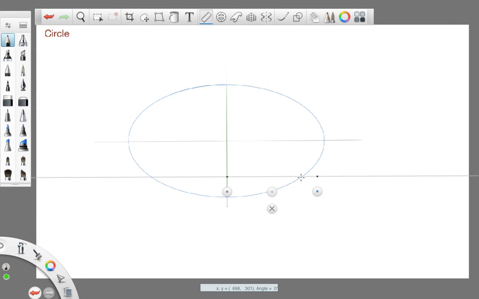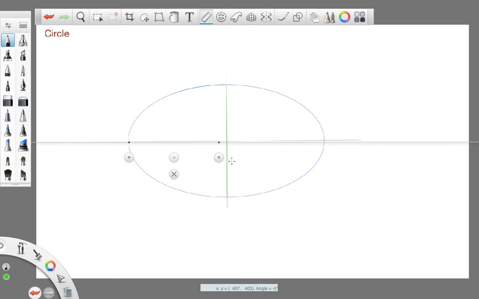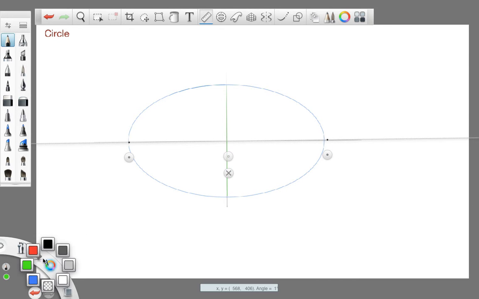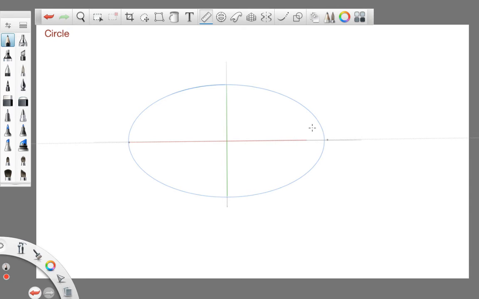Then we also have this line. Let's rotate this one correctly. There. From here to here, we call this one the major axis because it defines the biggest or the longest width, and the minor axis defines the shortest distance.